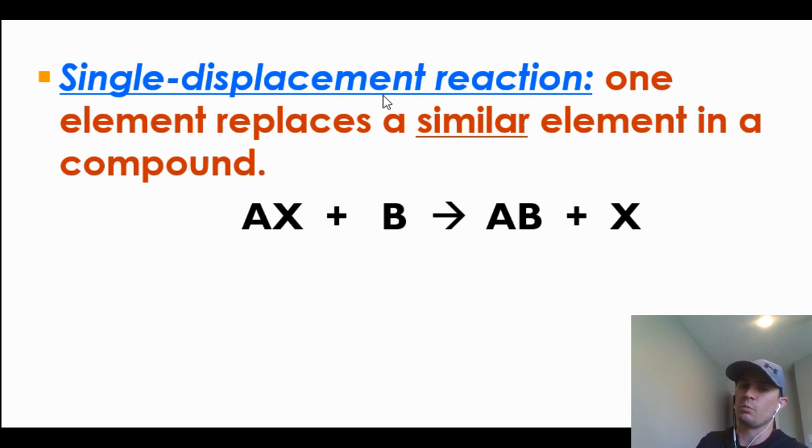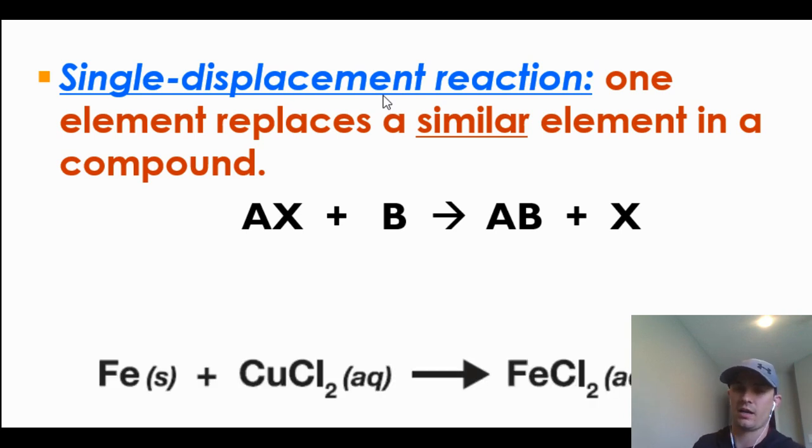One element replaces a similar element in that compound. In this case, we have two similar elements here, iron and copper. Iron and copper are both metals. Chlorine, a non-metal, is not really similar to those. This copper chloride is aqueous, which means that it is dissolved in a liquid. When we introduce iron to it, iron will react with that chlorine and kick that copper out.